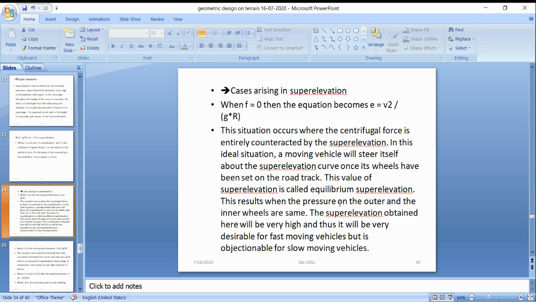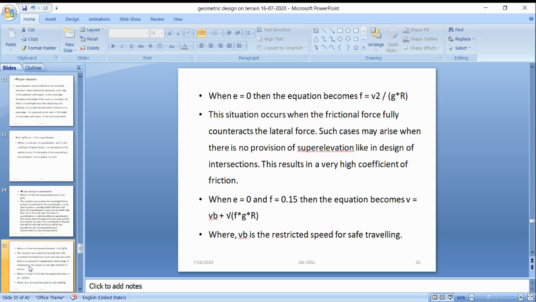This super elevation is called equilibrium. This results when the pressure on the outer and inner wheels is the same. The value obtained will be very high, and thus it is desirable for fast moving vehicles, but objectionable for slow moving vehicles.